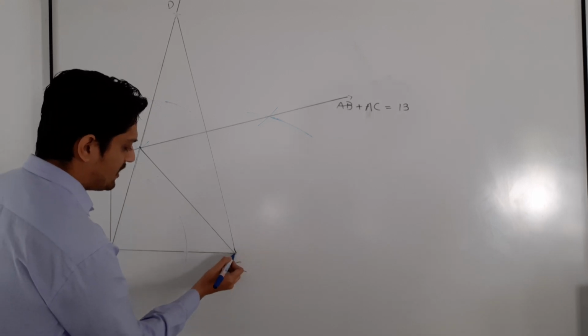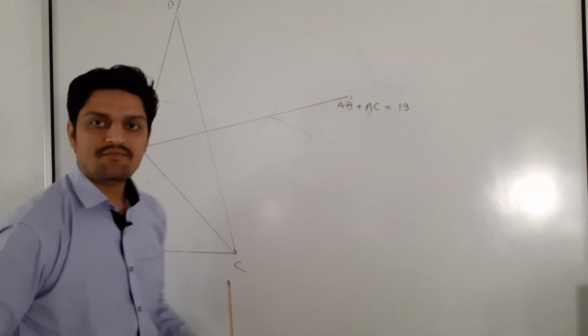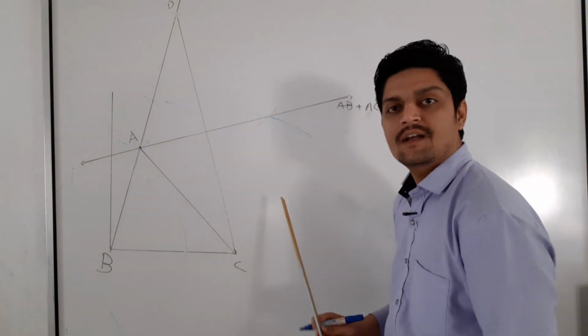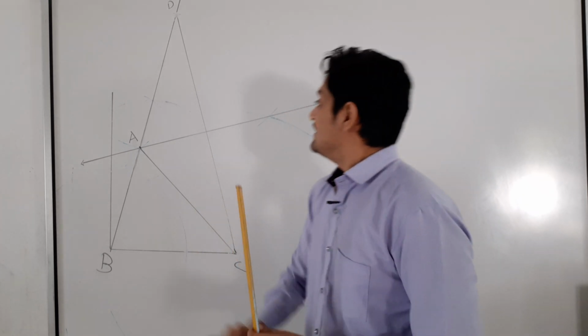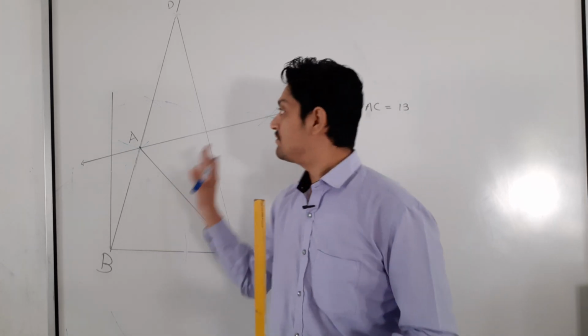Now I have joined AC, and this triangle ABC is your final triangle. This is the completion of the construction.